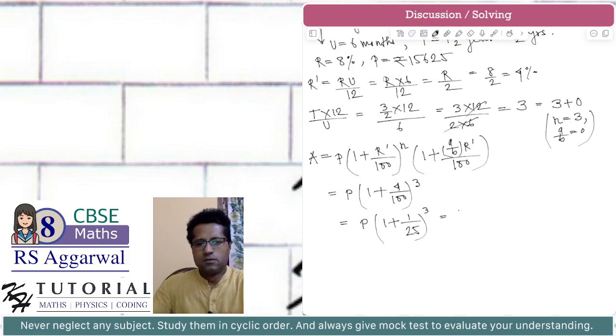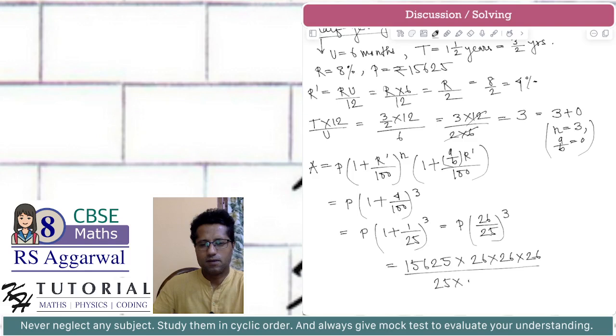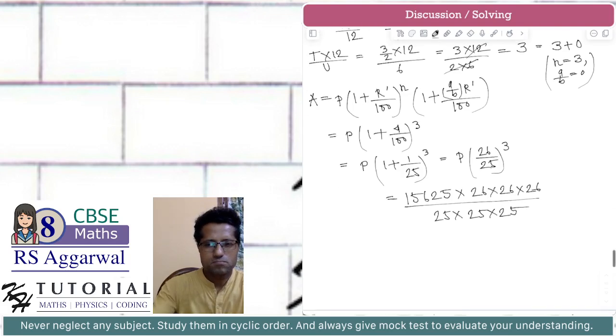This is equal to P into 26 by 25 cube, and P is given to be 15625 multiplied by 26 multiplied by 26 multiplied by 26 divided by 25 multiplied by 25 multiplied by 25. Okay.